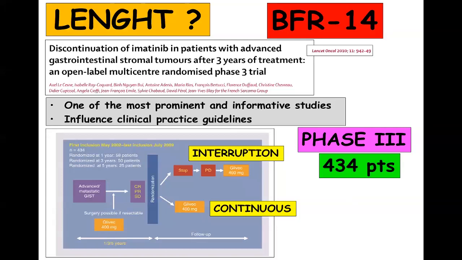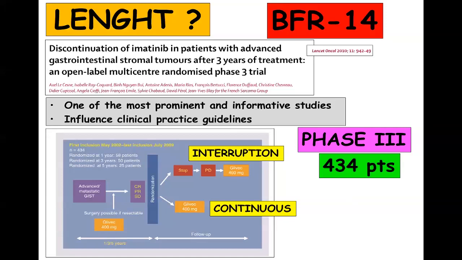This trial is one of the more prominent and informative studies, and this trial influenced clinical practice guidelines. It is a phase 3 trial on 434 patients, and it is a randomization after treatment with Gleevec in advanced or metastatic GIST.